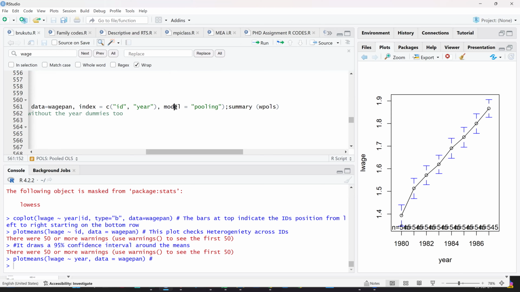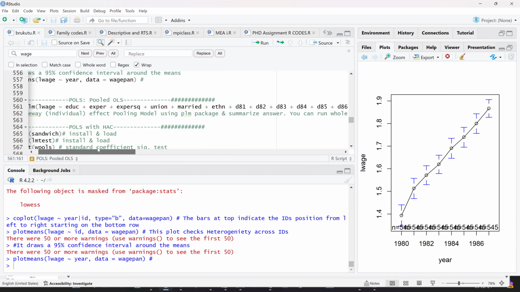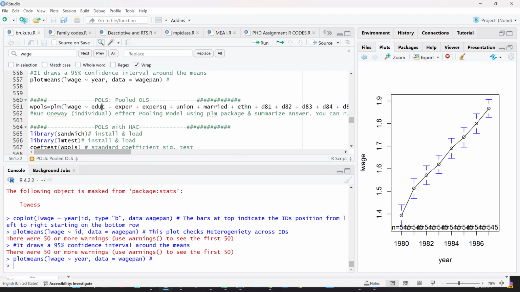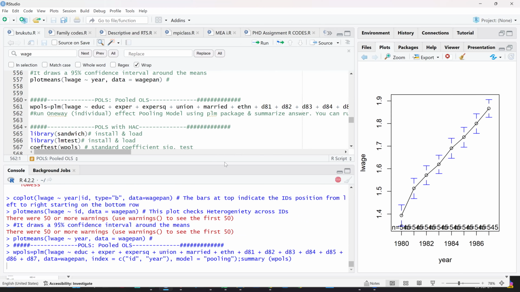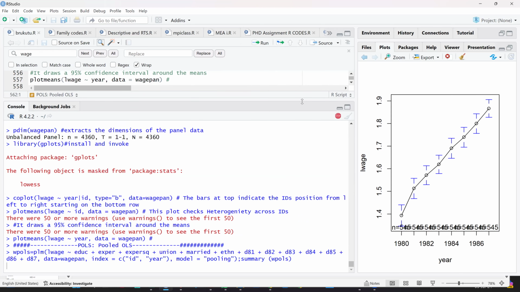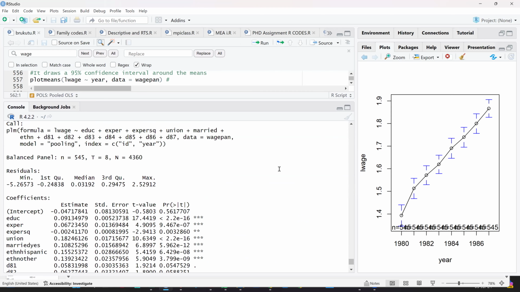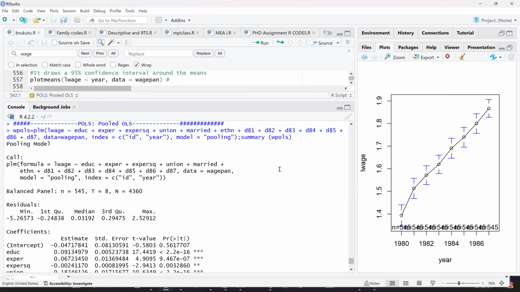Everything you are doing is static panel models. This is where you change that one. Okay, so we're going to run that, and then see the results down here. There you go.